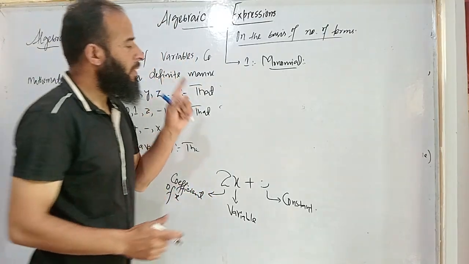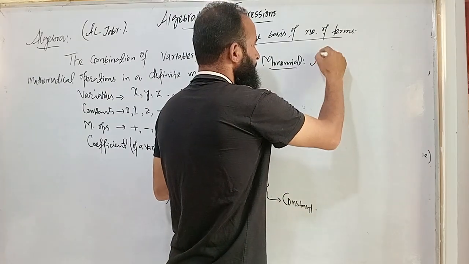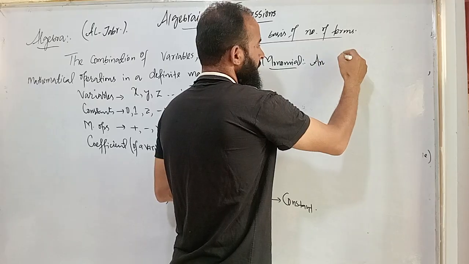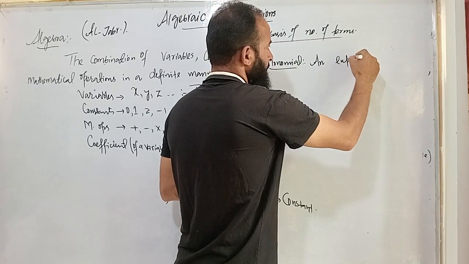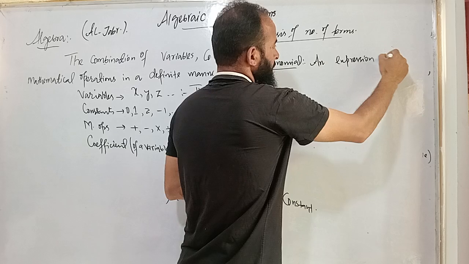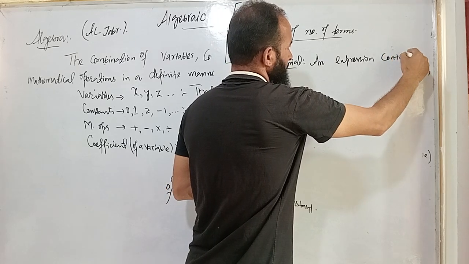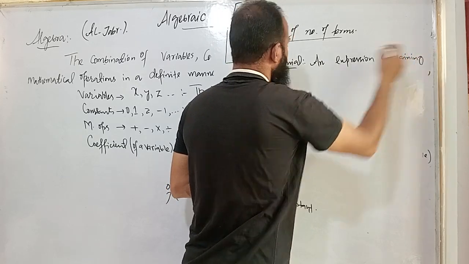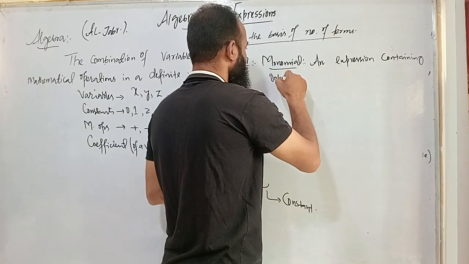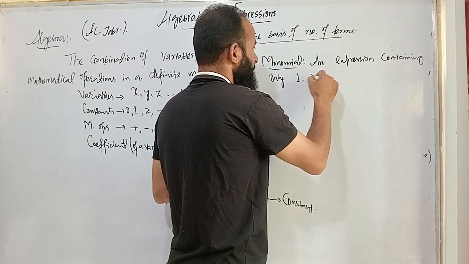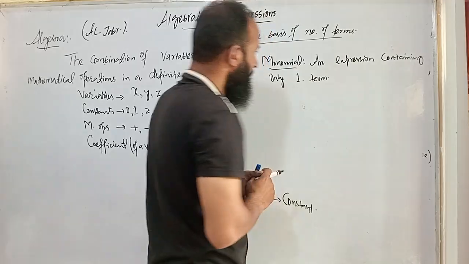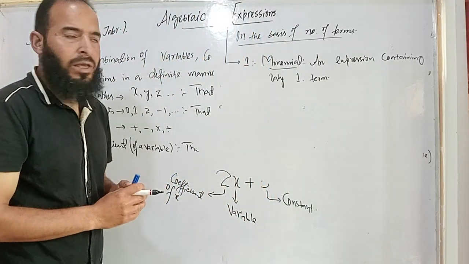Monomial means an algebraic expression, or simply an expression containing only one term.